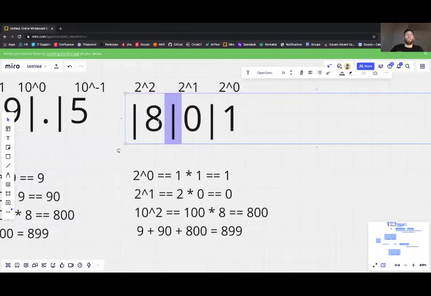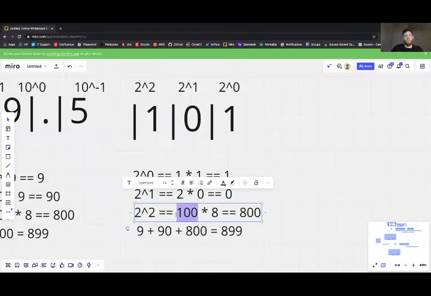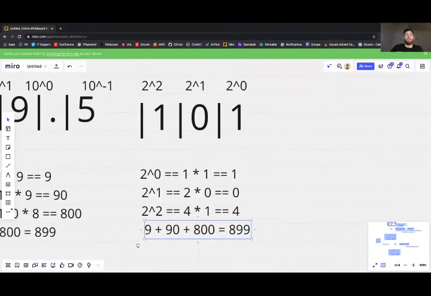And 2 to the second power, let's say we've got one of those. 2 to the second is 4 times 1 equals 4. So this number in binary, 101, essentially can be interpreted as 1 plus 0 plus 4 equals 5. So that is 5 in binary.